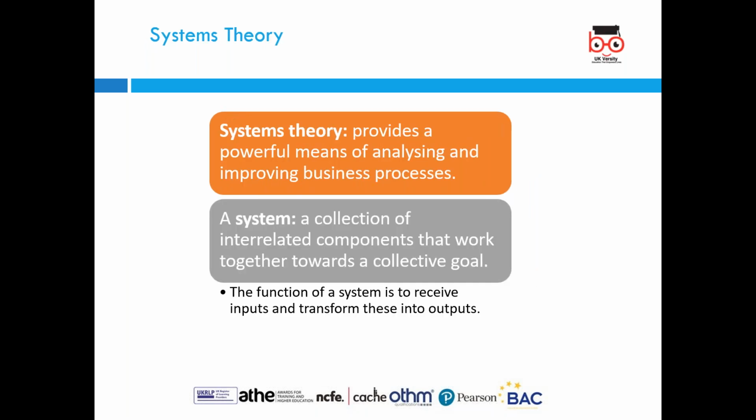So let's give some quick theory regarding systems. Systems theory simply provides a powerful means of analysis and improving business process. Therefore, we can understand that it's just a collection of interrelated components that work together towards a collective goal.